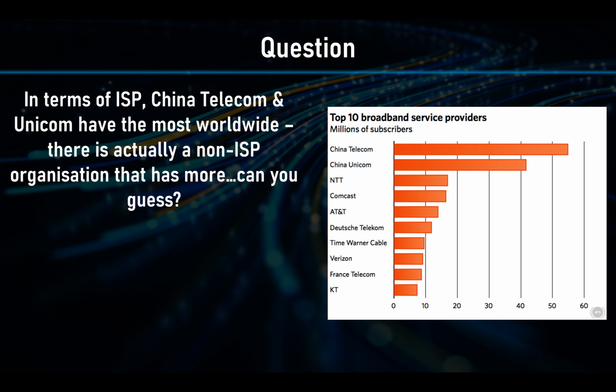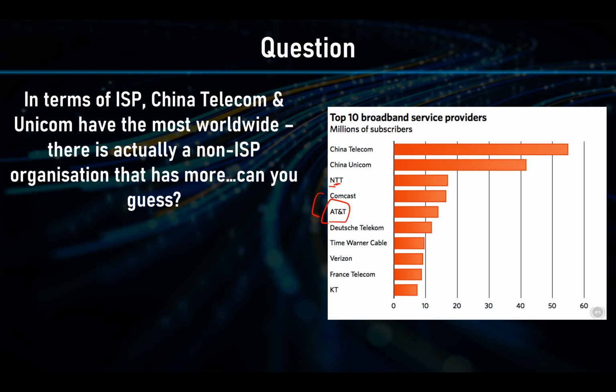Right, then if we look at worldwide, we have China Telecom, China Unicom, and I guess NTT, which I think is Japan, probably Nippon, maybe that's true. What, Comcast, AT&T, that's going to be America, and AT&T is going to be Bell Labs.